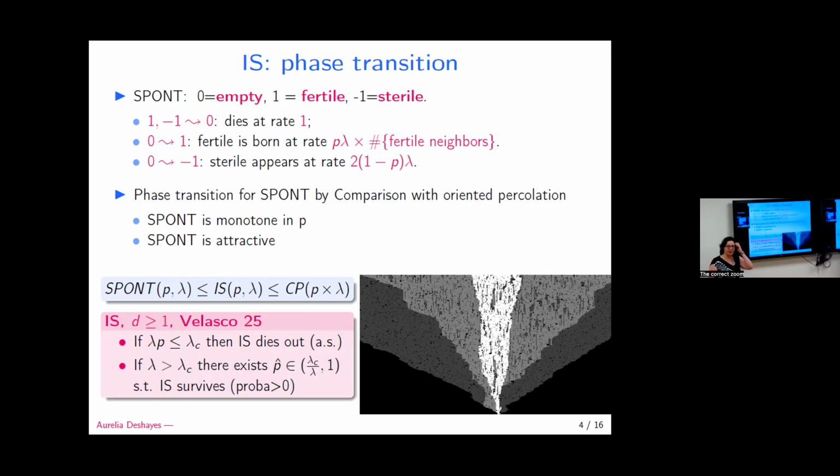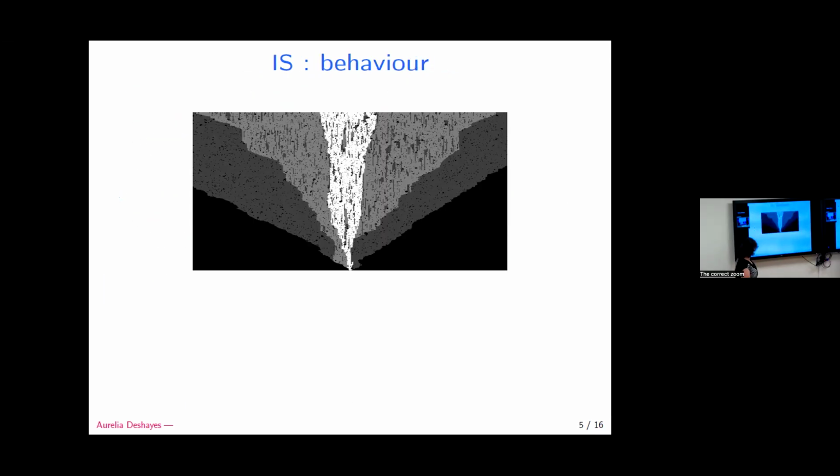Okay, so there are still a lot of questions about the phase transition, for example, I will come back later about the open questions. And now, looking at this picture, it's known that the contact process has a linear behavior, and we want to prove that it is the same for the 2 other processes.